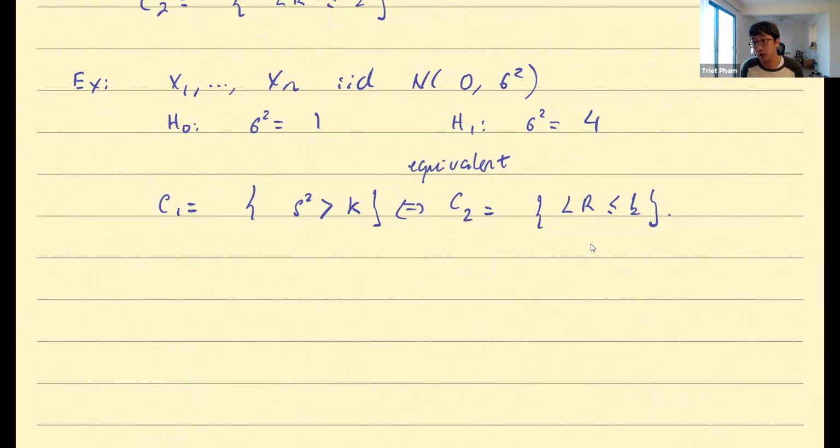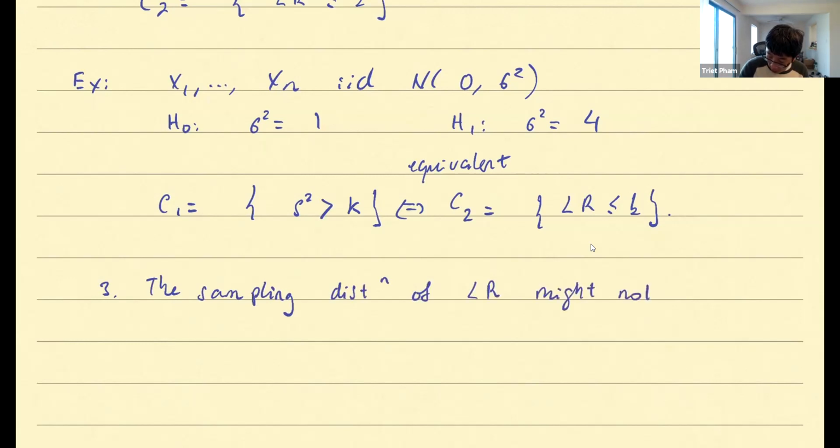It's just a likelihood ratio. So the sampling distribution of the likelihood ratio might not be easy to derive in general.